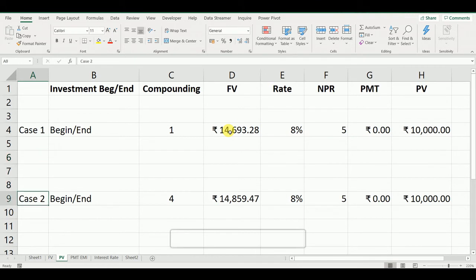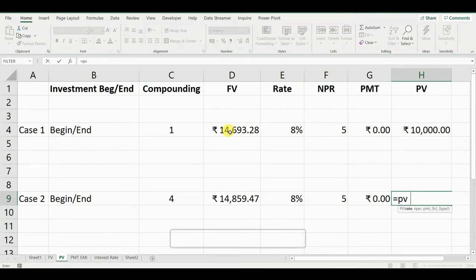Now in case 2, if our compounding is not yearly but quarterly and we want to get the present value of this amount. So if we want to get the goal of 14,859, we will use the formula PV, rate divided by compounding, and number of periods 5 into 4.